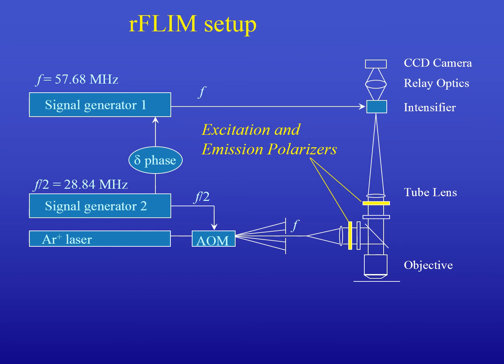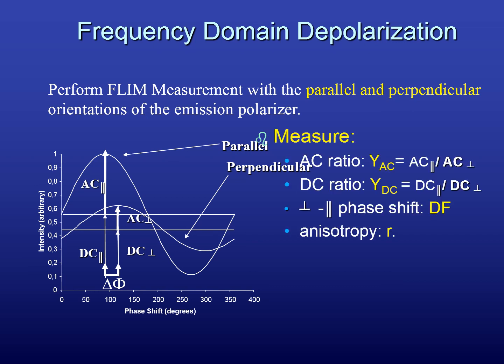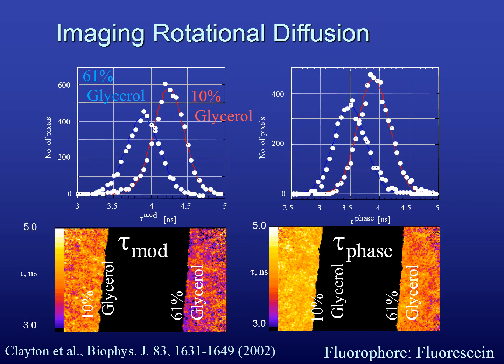Of course now, in addition to the filters, we have an excitation polarizer and an analyzer. And again, you measure tau phase and tau mod from your homodyne measurement scheme. Now you can calculate, in addition to tau phase and tau mod, also the AC ratio and DC ratio for parallel to perpendicular, and you can work out more things with that.